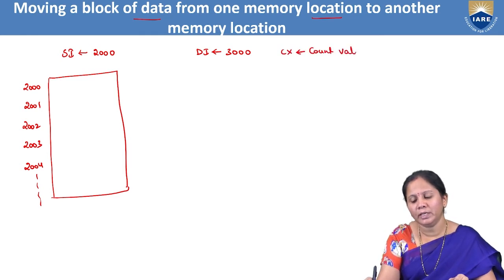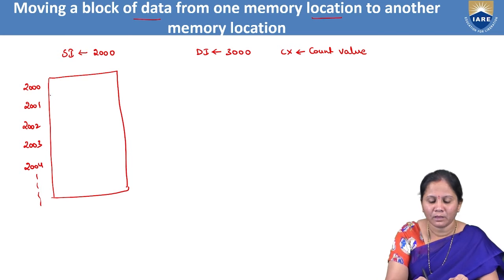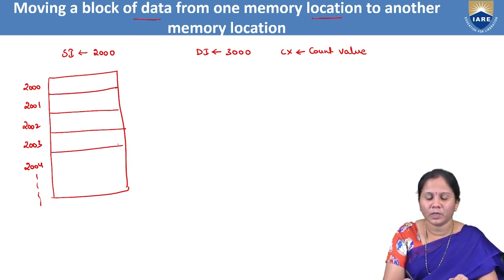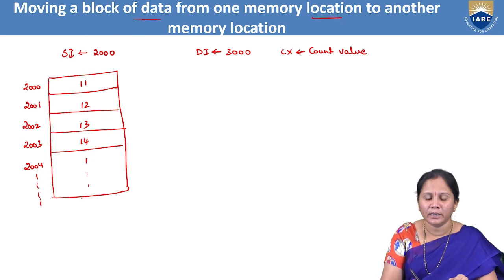We have to indicate the count value, and according to that, that many inputs will be taken. For example, if you consider the numbers 11, 12, 13, 14 and so on, this is a block of data. It will be moved into another block.